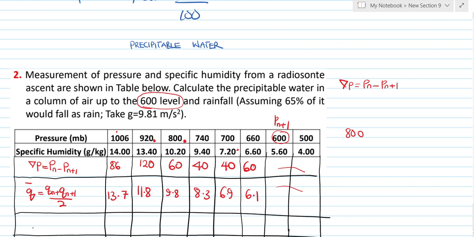Then we find the product of the change in pressure and the mean. So we are going to have 86 by 13.7, that is 1178.2. Then 120 by 11.8 is 1416.